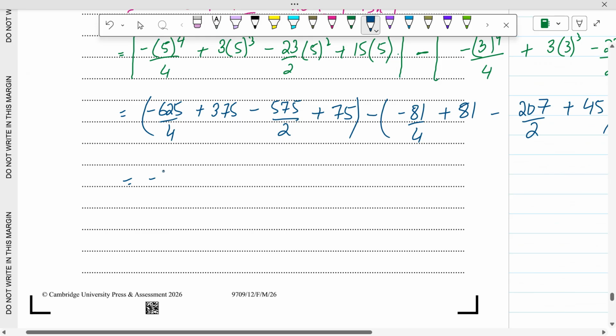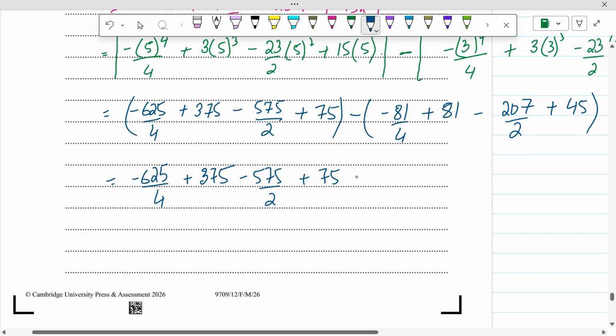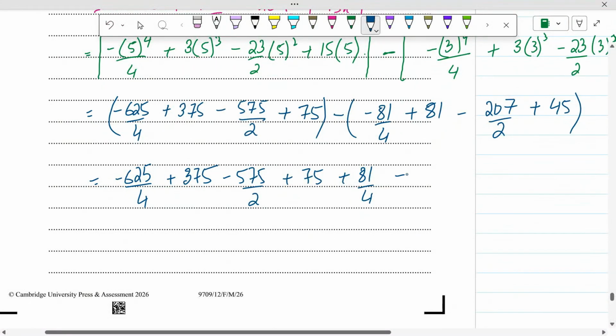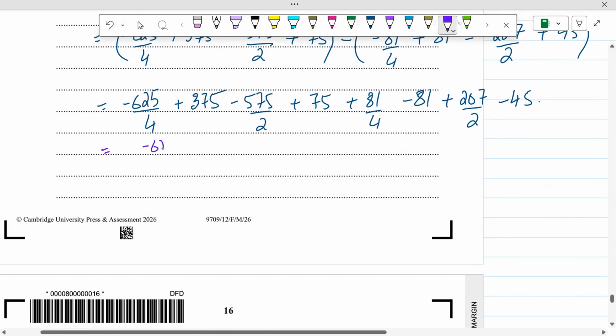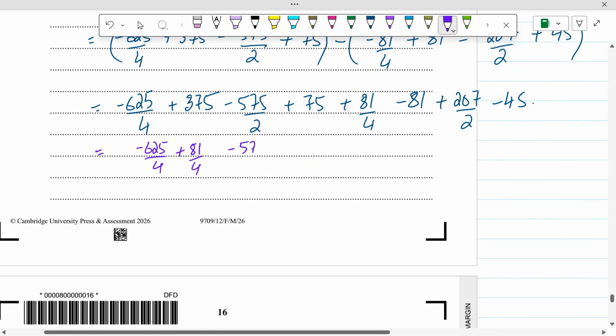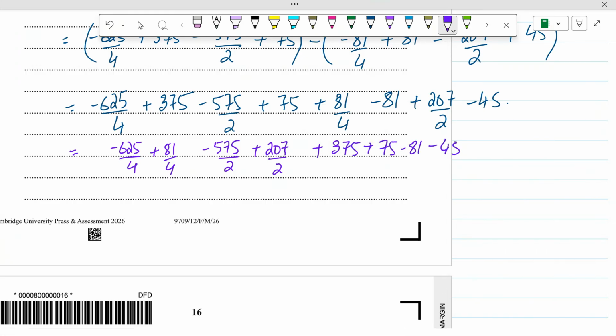Now negative 625 over 4 plus 375 minus 575 over 2 plus 75 plus 81 over 4 minus 81 plus 207 over 2 minus 45. So negative 625 over 4 plus 81 over 4 minus 575 over 2 plus 207 over 2, and plus 375 plus 75 minus 81 minus 45.